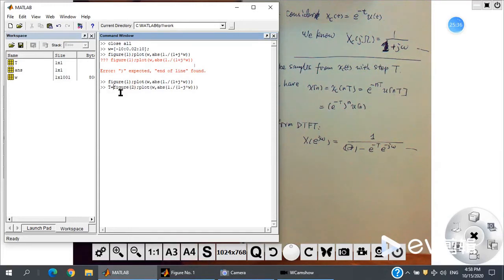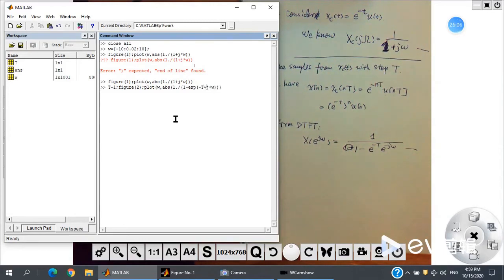For example, first of all, I use T is 1. You can choose different values of T. Now it's 1 minus e to the negative T and times e to the, I can just plus, right?